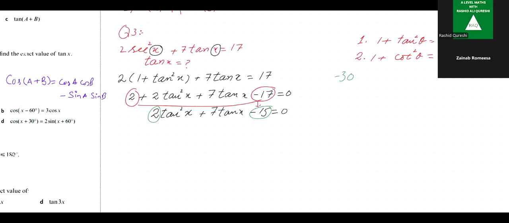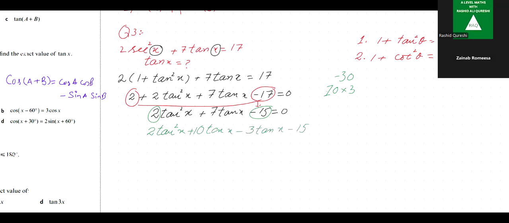So the required factors are 10 times 3. So 10 times 3, that is the required factor. So I have to write this one as 2 times tan square of x plus 10 times tan of x minus 3 times tan of x and minus 15 equal to 0.